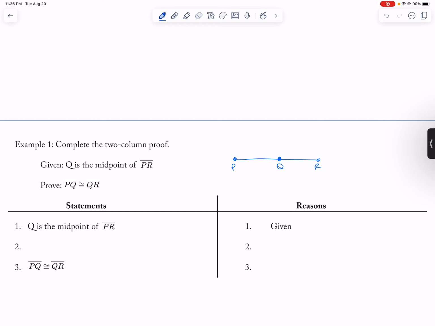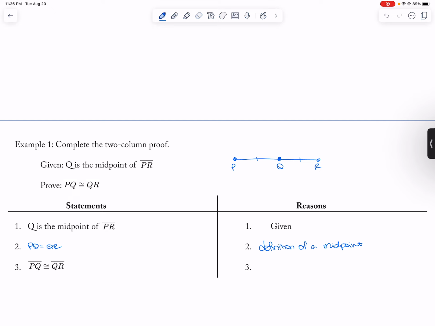So here's Q. I want to prove that P to Q is congruent to Q to R. Before I prove, the first thing about a midpoint is that it creates two equal segments. So what I would want to say is that P to Q is equal to Q to R, and this would be the definition of a midpoint.